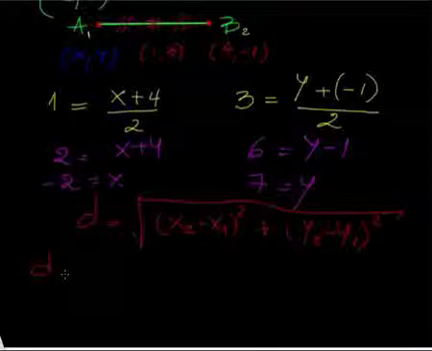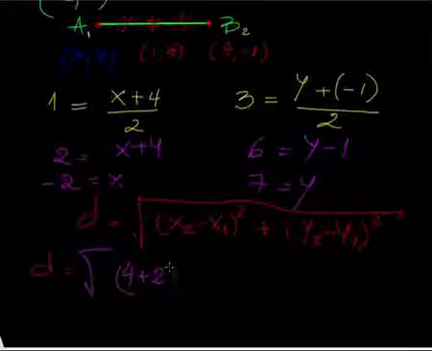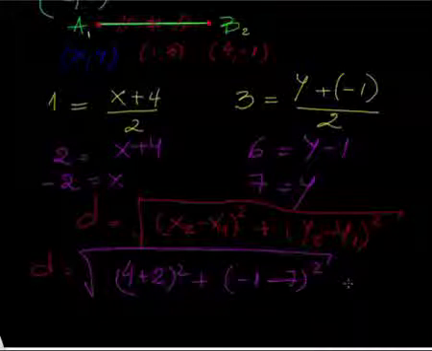So the distance, or the length of the diameter, is going to be equal to the square root of x2, that is 4, minus x1, that is negative 2, so plus 2, all that squared, plus y2, that is negative 1, minus my y that we found out was 7, all that squared.